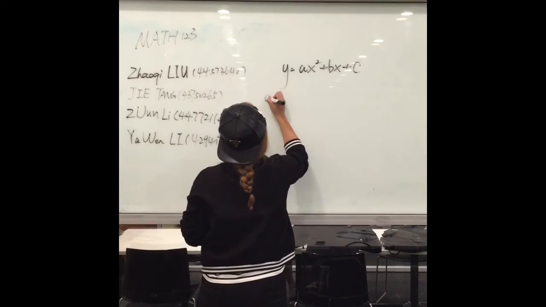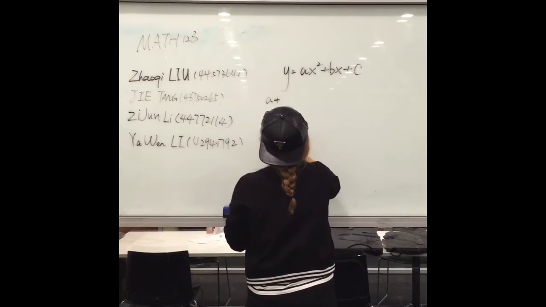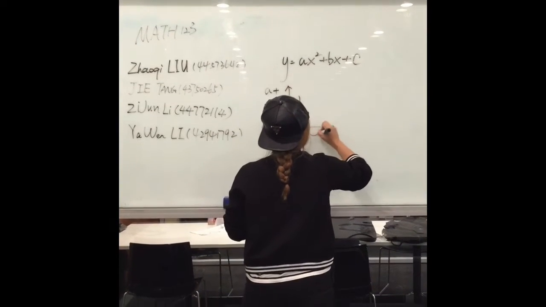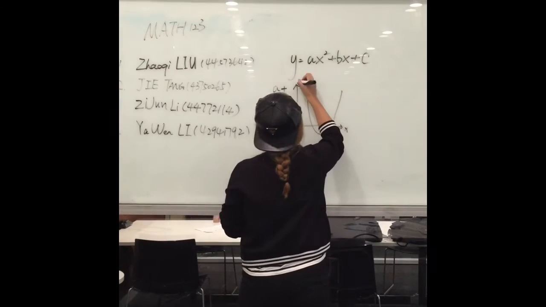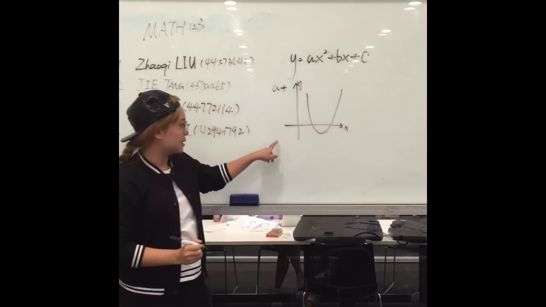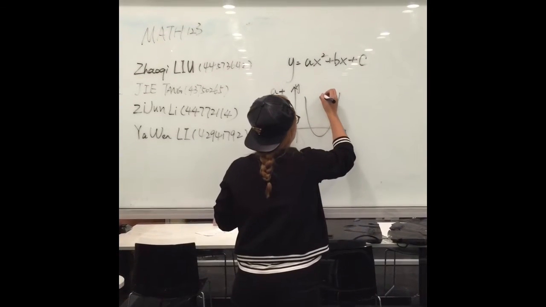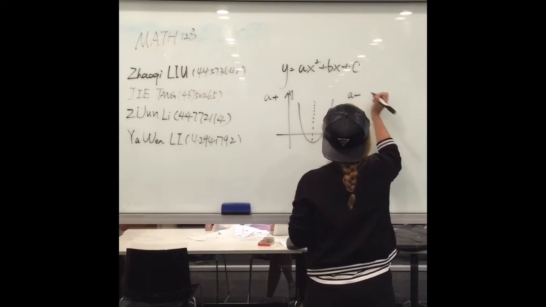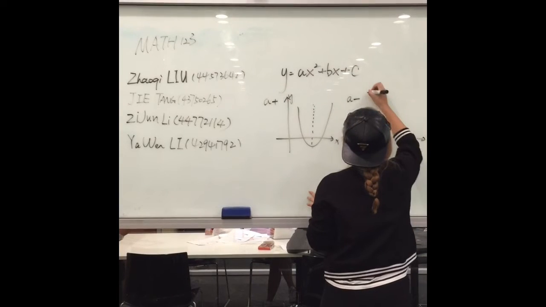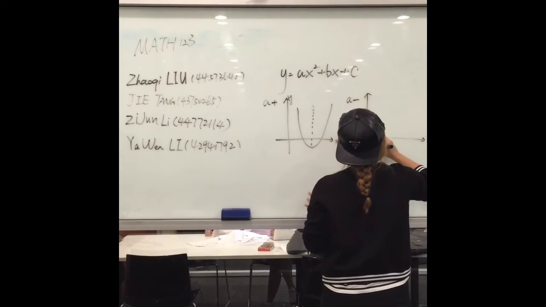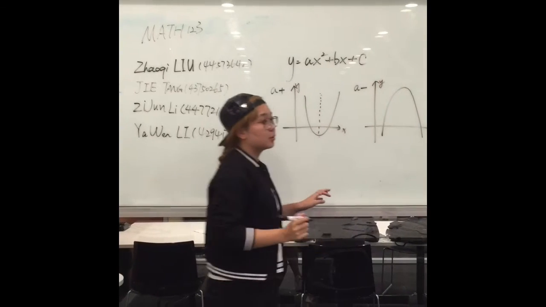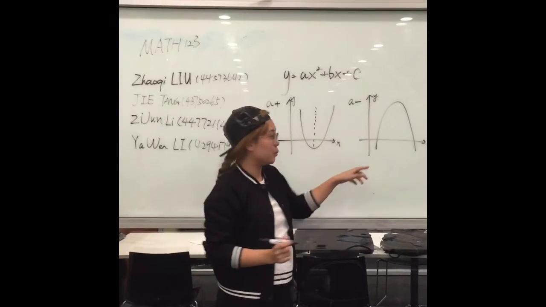If A is positive, it will be like this one, and if A is negative, it will be like the other group.